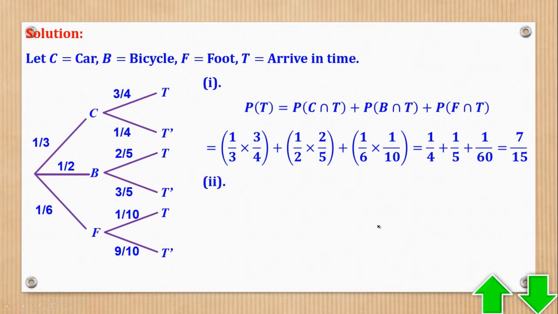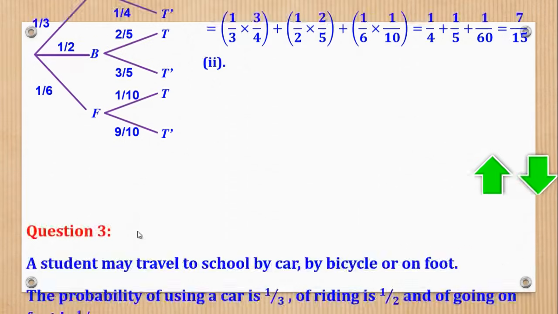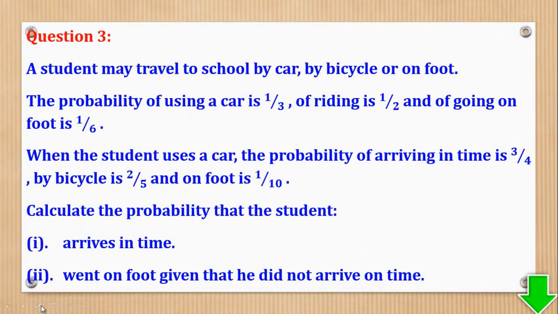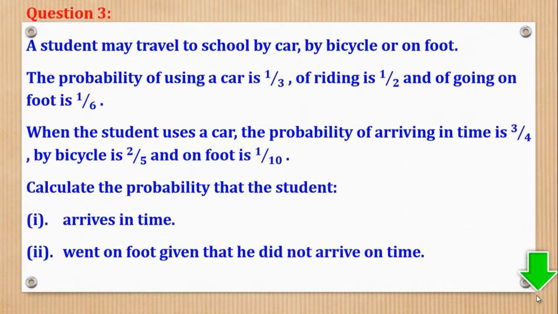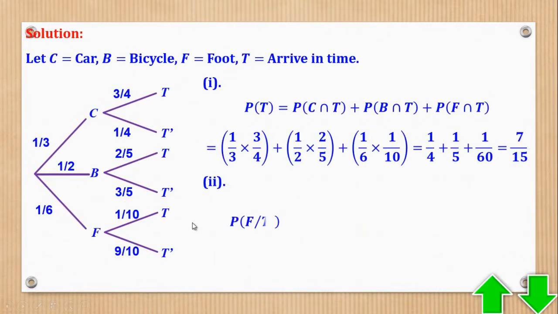Then for Roman 2, it said find the probability that a student went on foot given that he did not arrive on time. So not arriving on time already occurred, and the probability they want is that he went on foot. Therefore it is F given T complement.